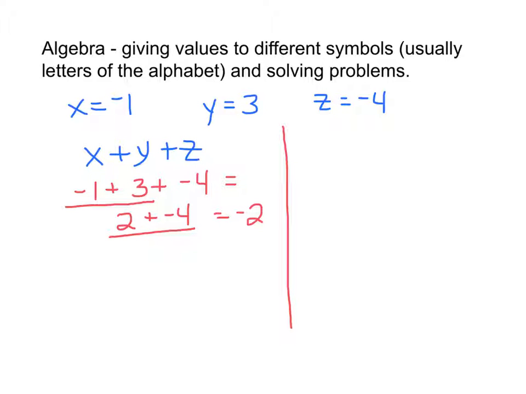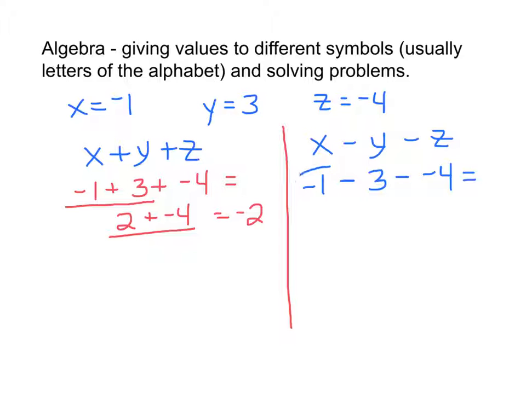Let's do another problem using the same values for x, y, and z. So this time, rather than adding, I want x subtract y subtract z. Once again, I'm just going to be putting in those values. x is equal to -1, y is equal to 3, and z is equal to -4. But now I am subtracting these. So once again, I'm going to have to figure out these answers.